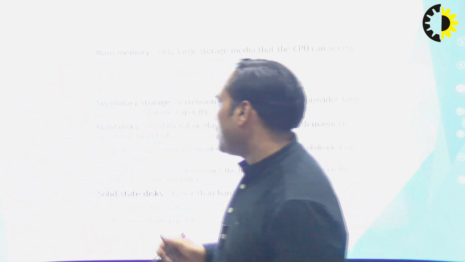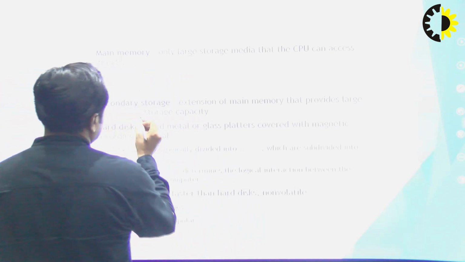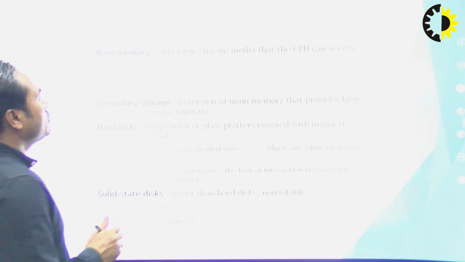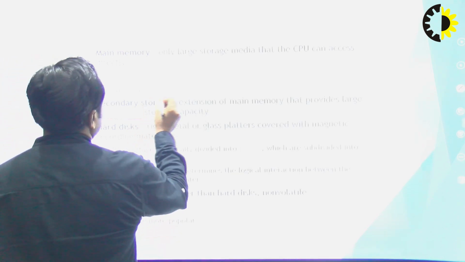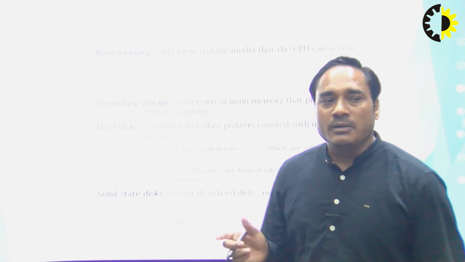Either the light is on or off, your data will be stored permanently. This is called non-volatile, and the first memory, the main memory, is called volatile memory. These two important memories are generally used by the operating system for running programs.